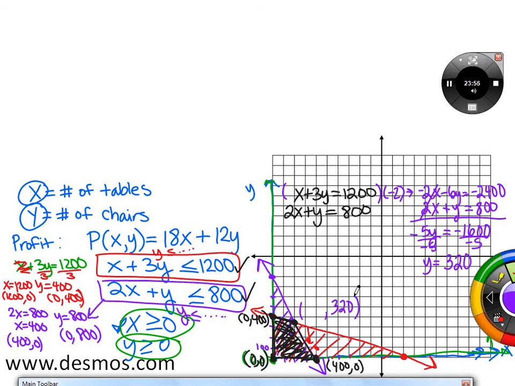And the number of tables that would go with that I can obtain by plugging 320 back into one of these equations. So let's say I plug it in here. 2x plus 320 equals 800. So I'll get 2x equals 480. So x is equal to 240.